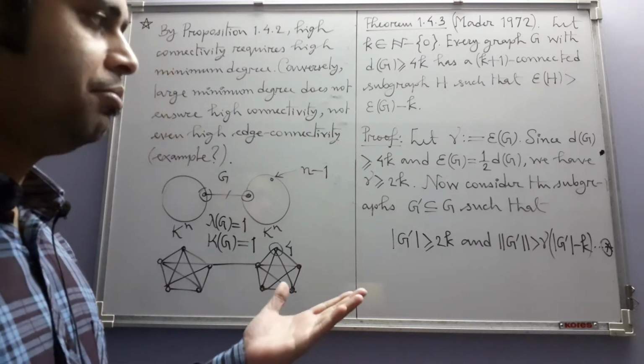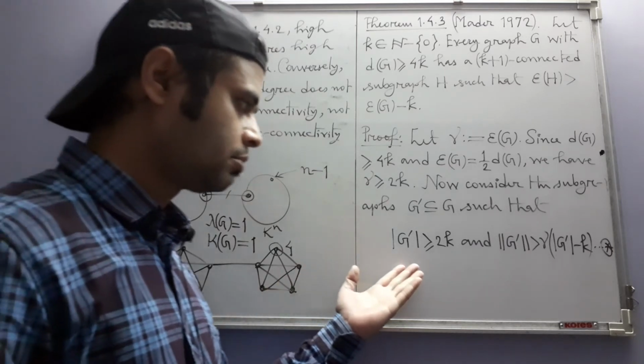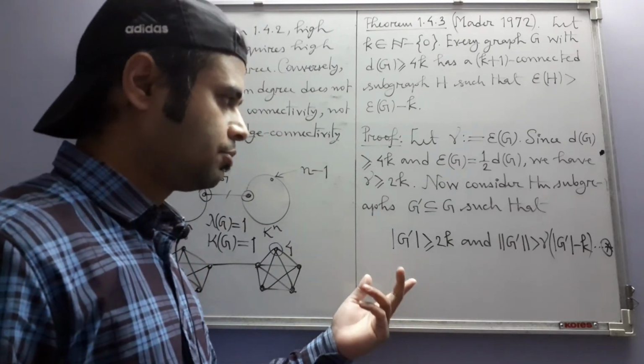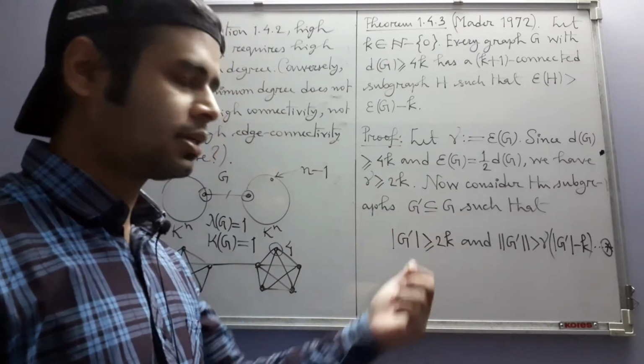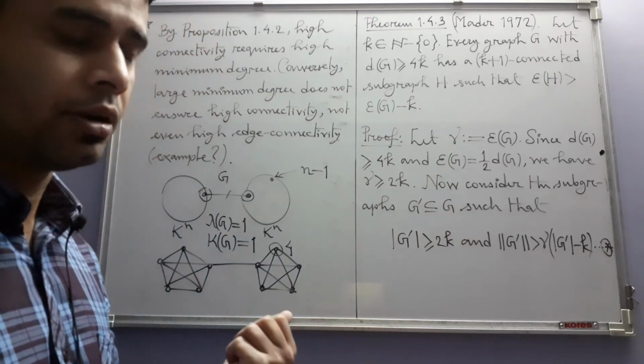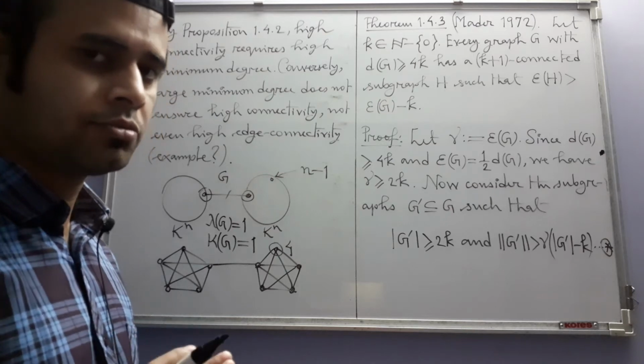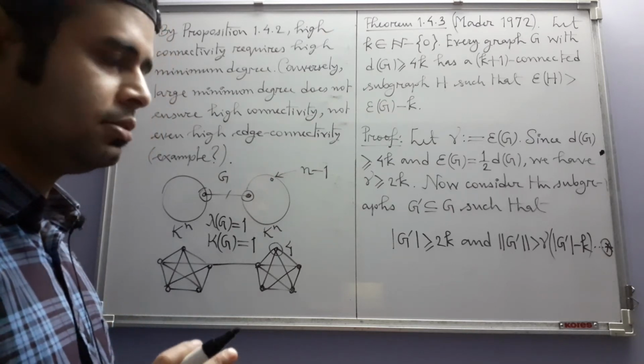The conditions look fairly complicated, so we don't know whether G has such subgraphs at all, but in fact G has at least one such subgraph. It is G itself.